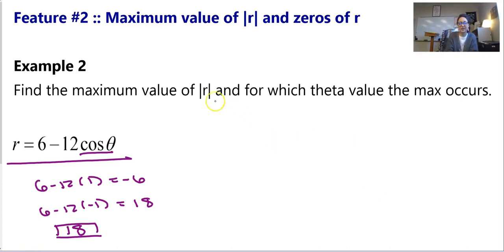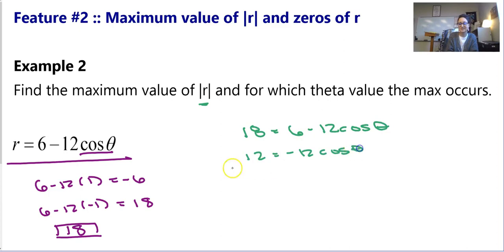So our max value of the absolute value of r is 18, and then it asks for which theta value the max occurs. So now I'm going to substitute 18 in for r and solve for theta. Let's subtract 6 from both sides, then divide both sides by -12.